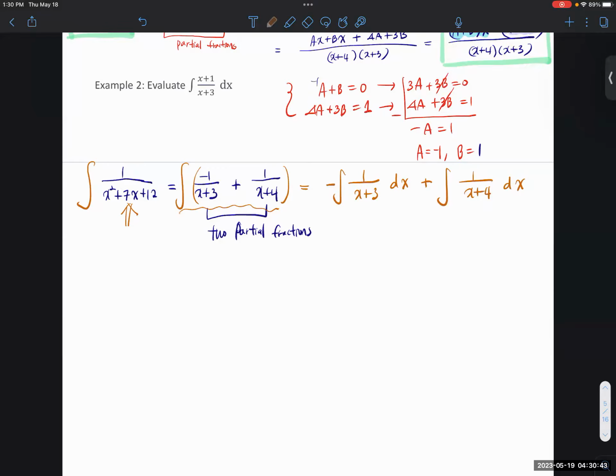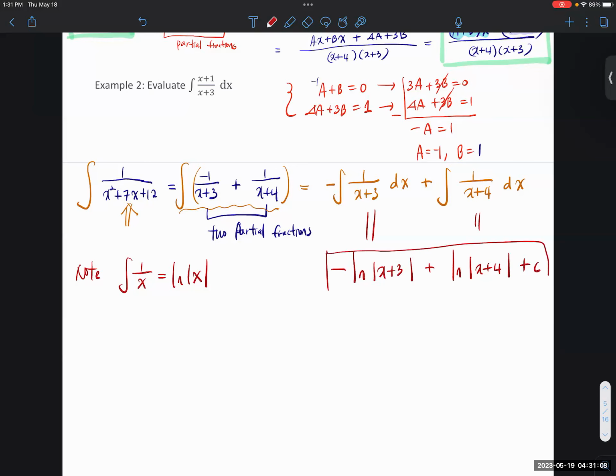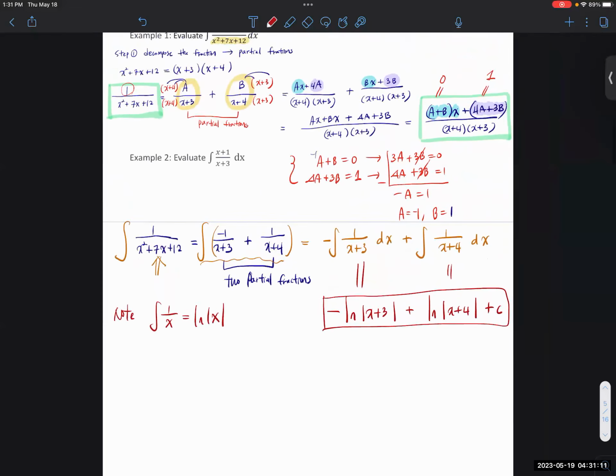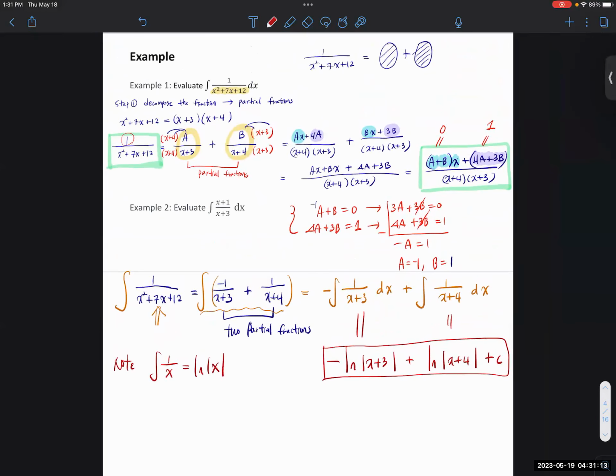According to a little bit of note, if you forgot, the integral of 1 over x is ln x. So this one is going to be negative ln absolute value of x plus 3, and the second one is going to be ln absolute value of x plus 4, plus c. That's your answer.